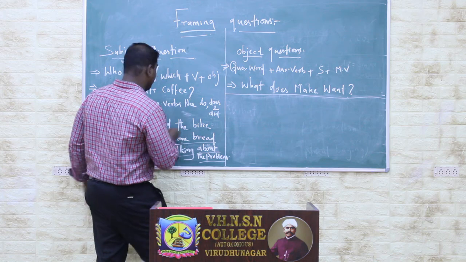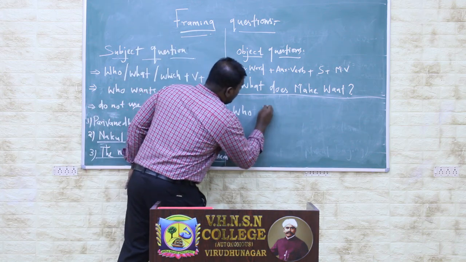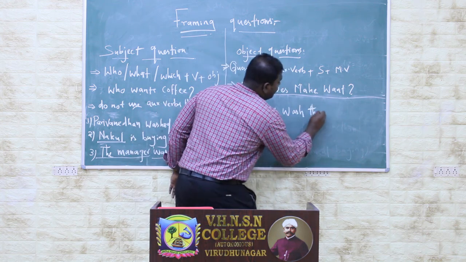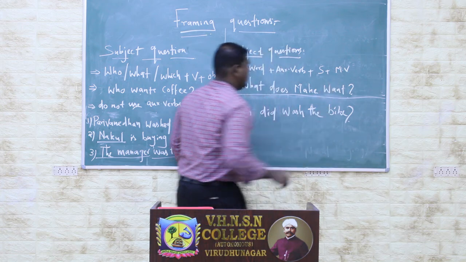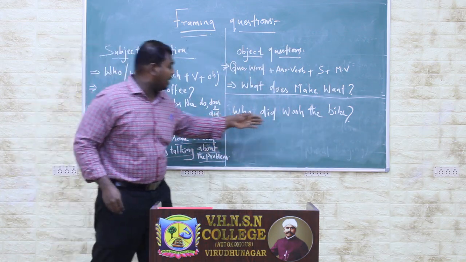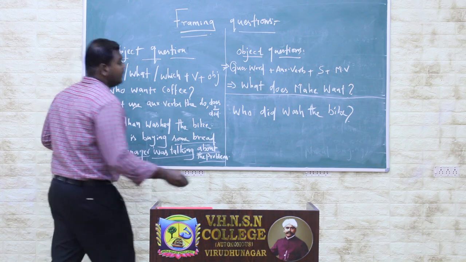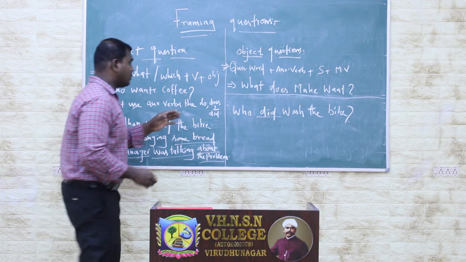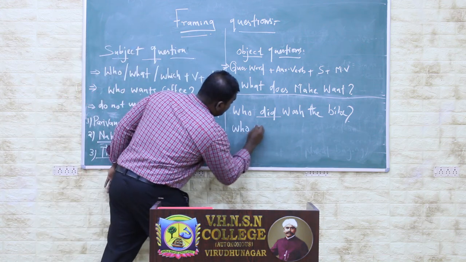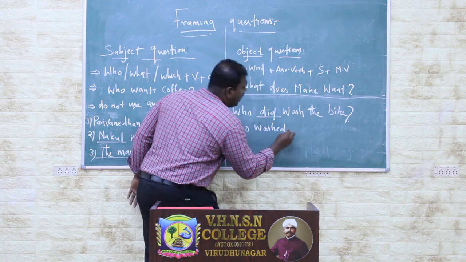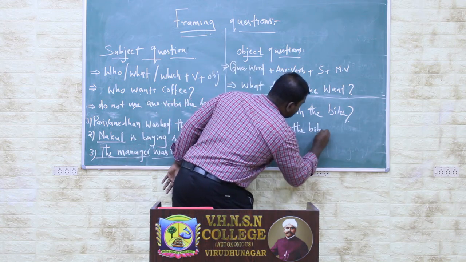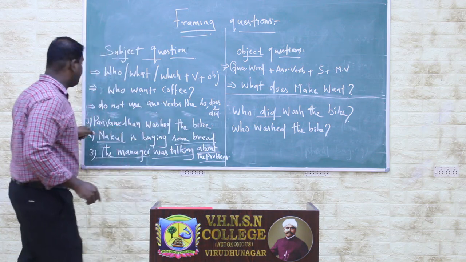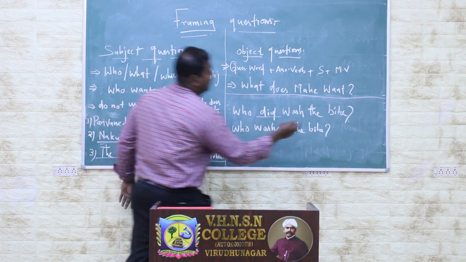What some people do is ask: Who did was the bike? Some people frame questions like this, but we should not use the do verb while framing a subject question. It should be: Who was in the bike? That is the right format to frame a subject question for this part of the sentence, and the other one is wrong.